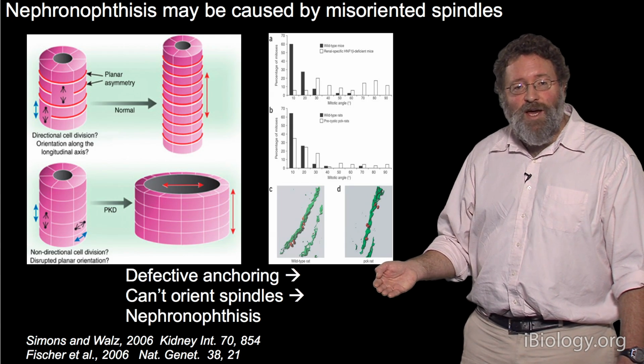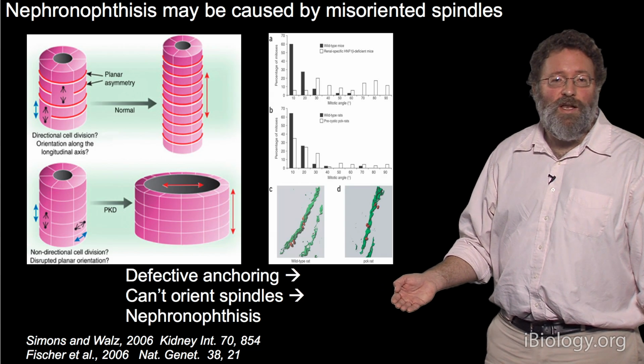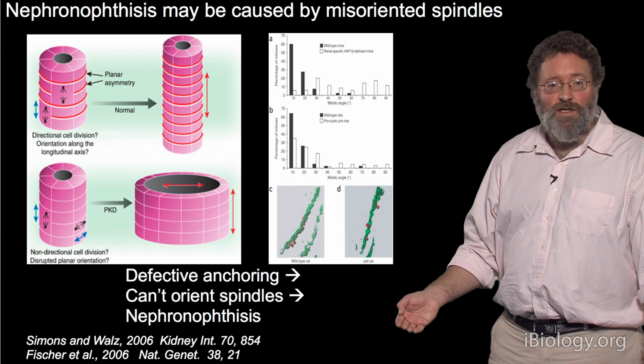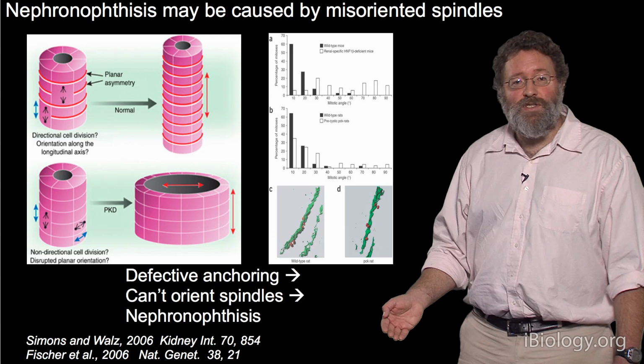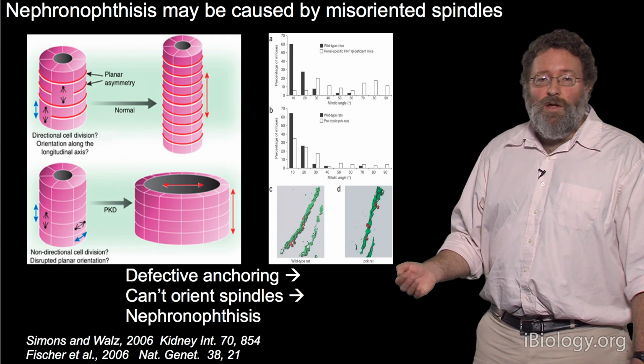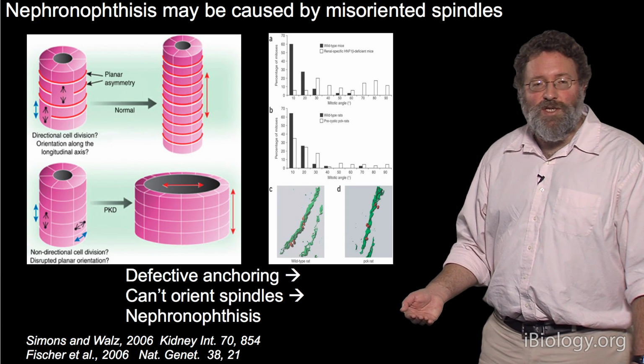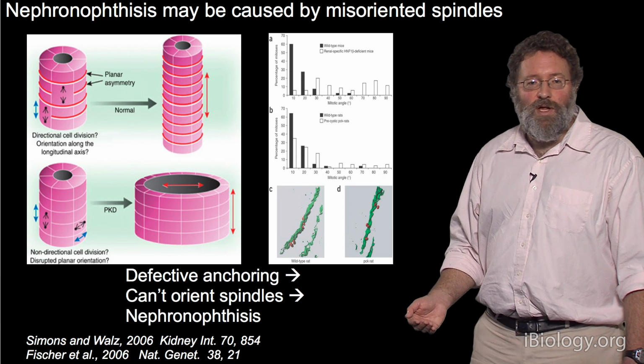When you have this defective anchoring and orientation, you would have randomization of which way the cells were dividing, and that would give you nephronophthisis. This is still a controversial hypothesis. Not everyone agrees with this, and it may be wrong. But it's interesting to think that there could be functions of the basal body that really aren't related to ciliogenesis per se, and it's important to always bear that in mind.